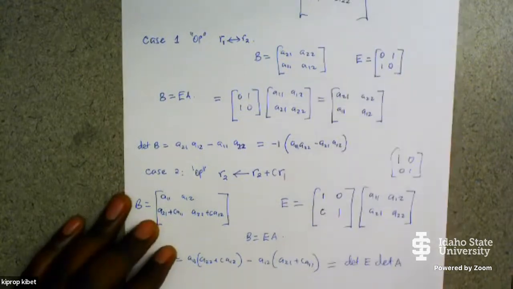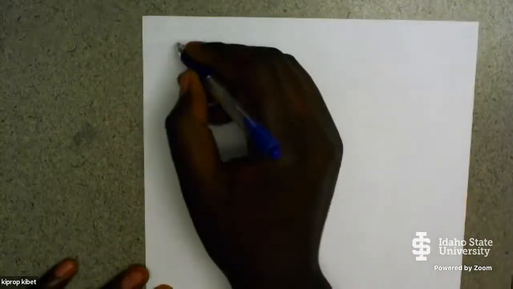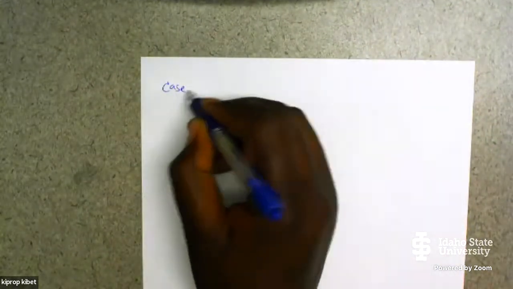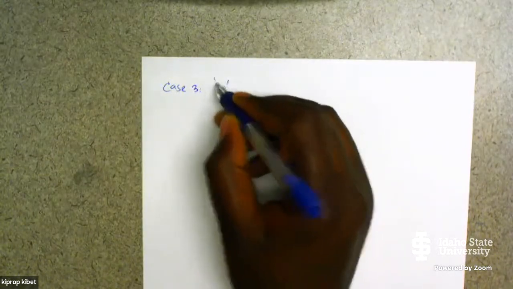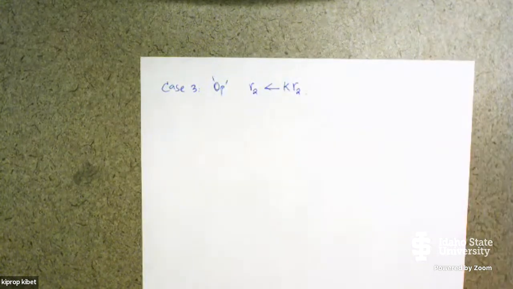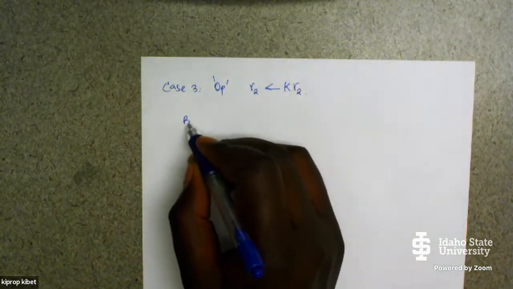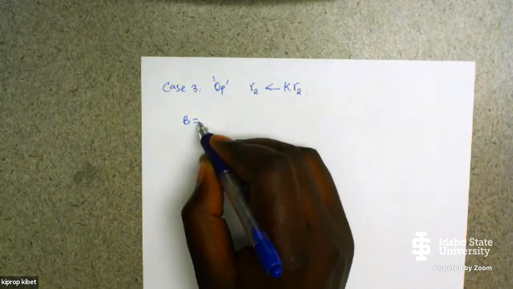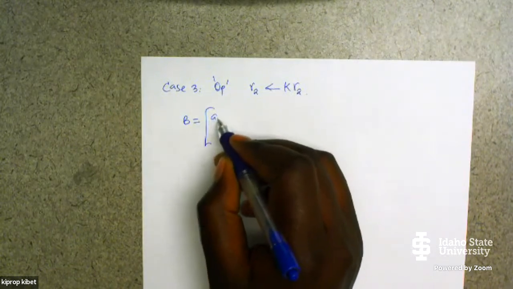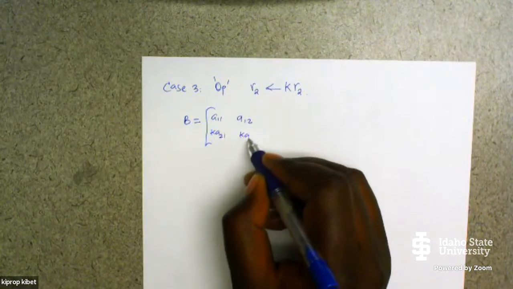Now, finally, if we multiply by a constant, case number 3, we do the operation whereby our new R2 is K R2. Then, of course, our B will be A11, A12, and then KA21, and then KA22.